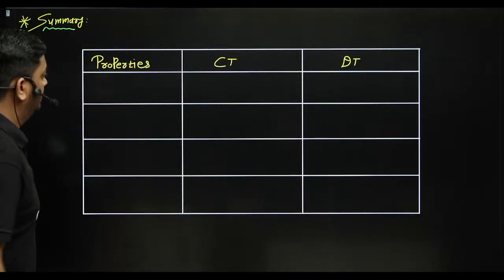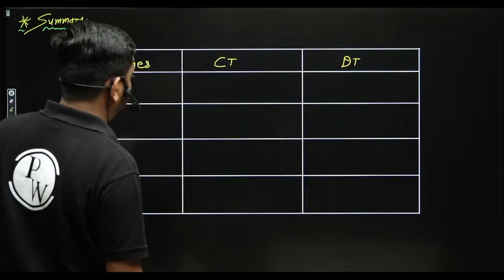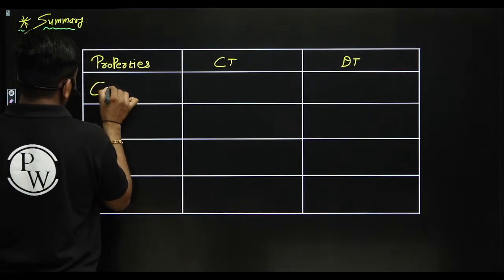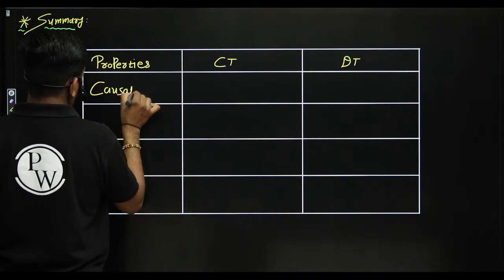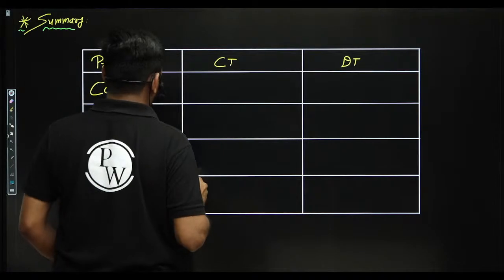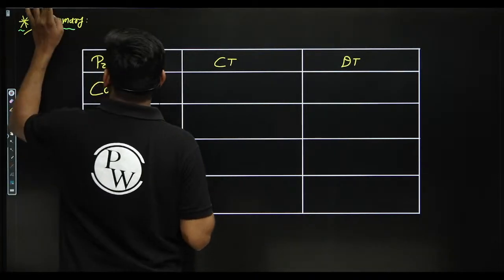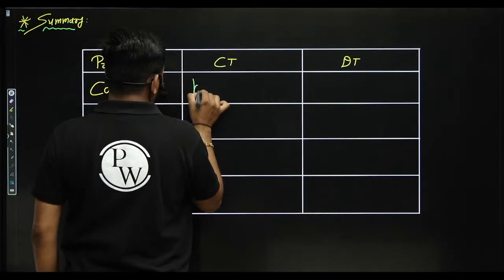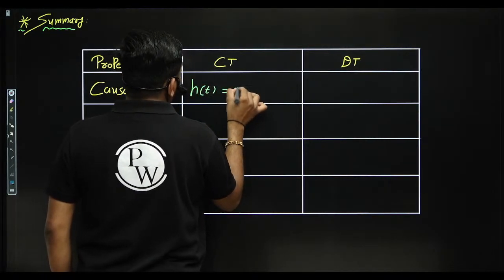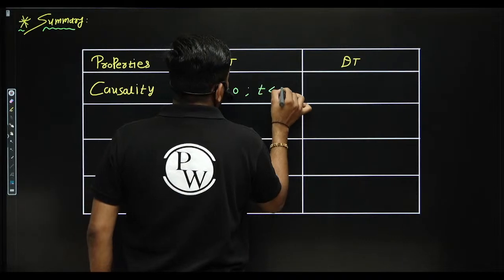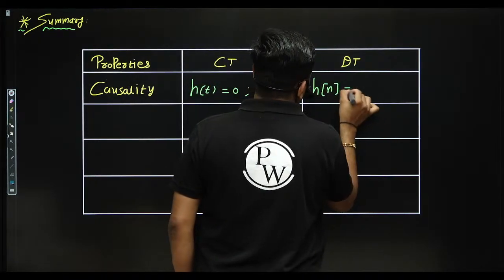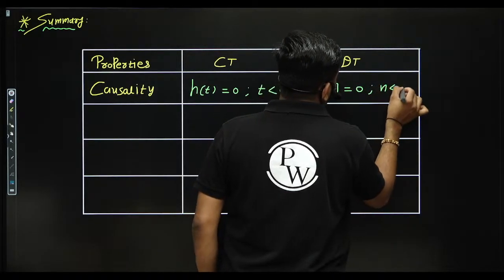Okay. So the first property is causality. For causality, guys, the impulse response h of t is 0 for t less than 0, and here the impulse response h of n is 0 for n less than 0.